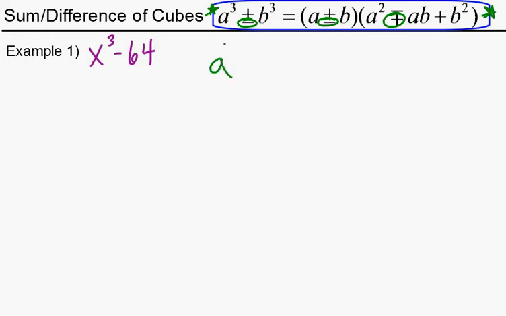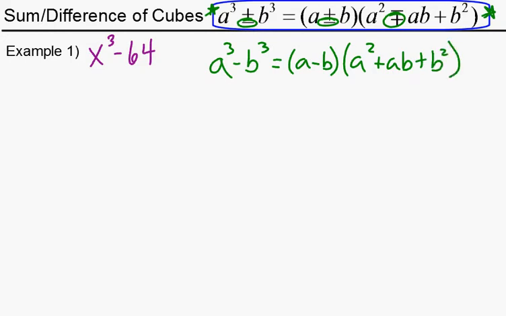So the form I'm using is a to the third minus b to the third is a minus b for the binomial, and a squared plus ab plus b squared for the trinomial.